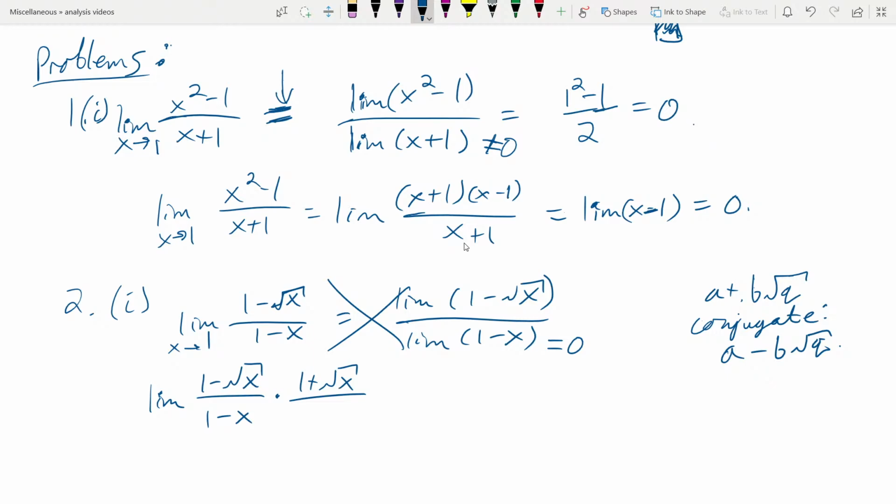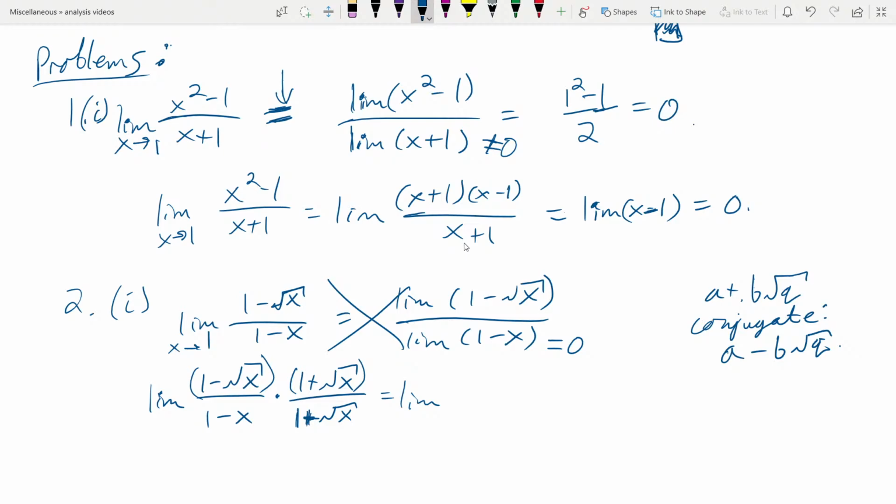So you just flip the sign of the square root part. The reason this is useful is because of the difference of squares formula. By the way, we can't just multiply by that, we have to divide by it as well, otherwise we'd be changing the expression. So this is a complicated looking way of multiplying by 1, but it's useful because the top expression simplifies quite a lot.